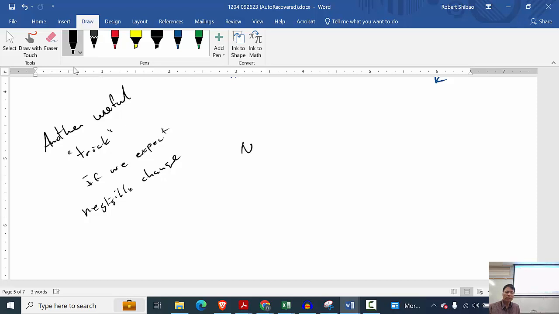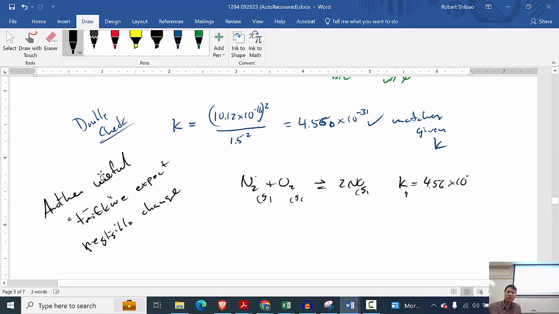So if we go back to this N2 gas and O2 gas in equilibrium with 2NO gas, one of the first things we notice is how small this K value is. This K, or Kp, is 4.56 times 10 to the negative 31.